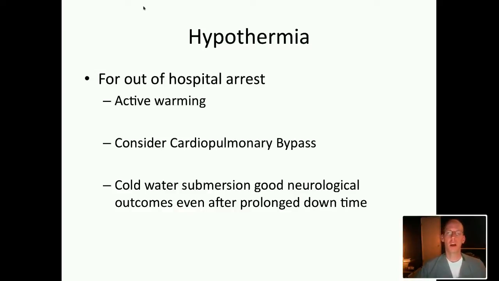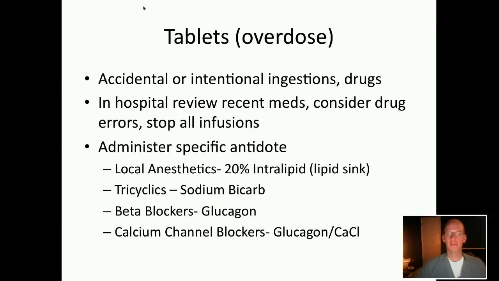You may have a prolonged resuscitation, but you need to resuscitate these cold patients until they're warm, because the brain is actually protected in that state, and there have been good neurological recoveries even after a very long downtime. So active warming through warm saline lavage or on cardiopulmonary bypass may be indicated for these cases.